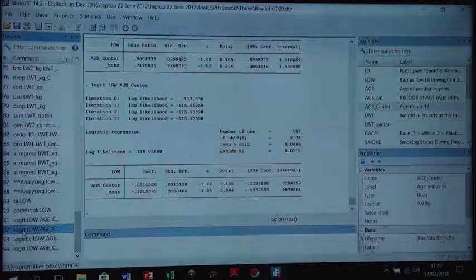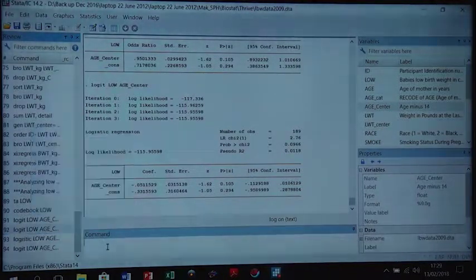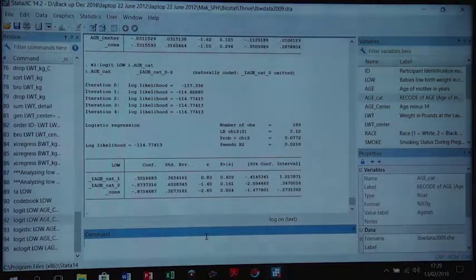Now, in your bivariate analysis, you can also do this. Instead of using age centered, you could actually use the categorical age as well, so that you can have your comparisons with the age cut. So you can see what is the difference in log odds by categories. You can also run this model and put it on the odds ratio scale.